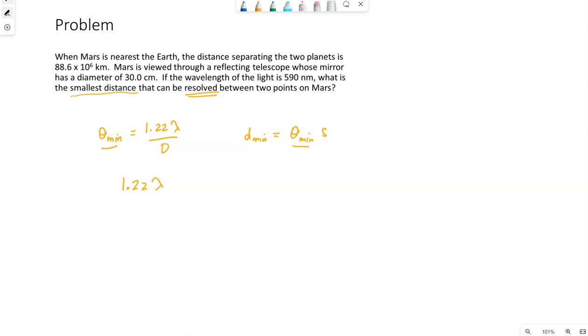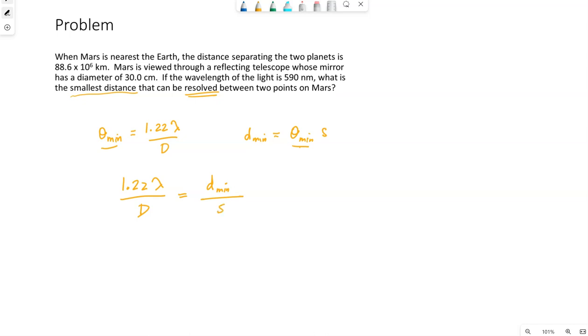So the 1.22 lambda over capital D, D's diameter, so the diameter of the telescope's mirror. Theta over here would be the minimum distance between the objects or points divided by s.